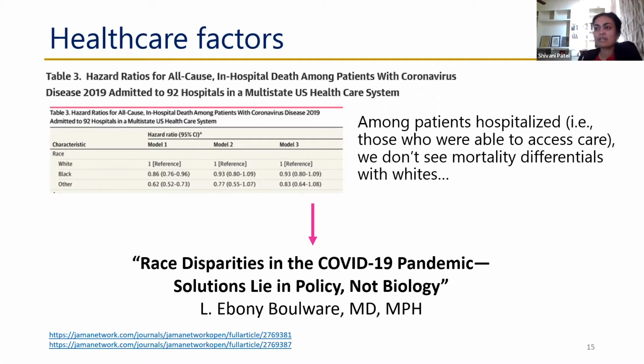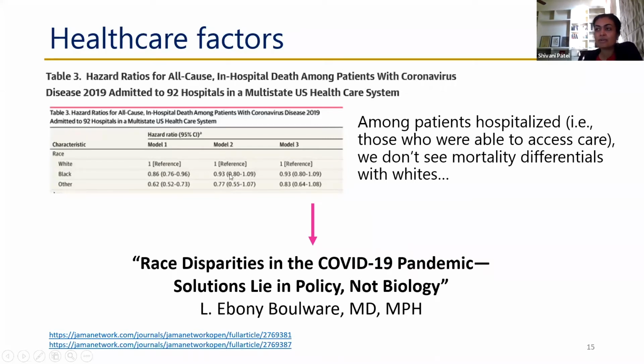So what this plot is showing, or this table is showing, let me first walk you through that, is that in reference to whites who had been hospitalized across 92 hospitals in the United States, Black patients were 0.86 times less likely to die in the unadjusted models. And that was actually a statistically significant result.